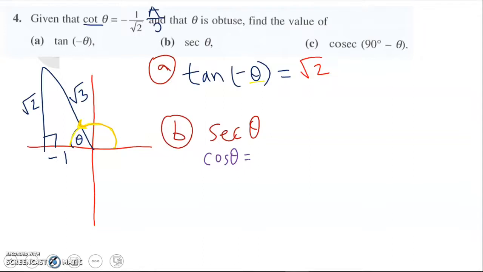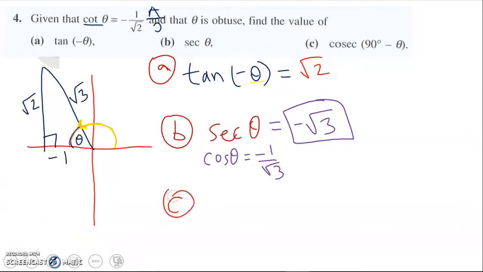Cosine theta, according to this diagram, is adjacent over hypotenuse. That would mean negative 1 over square root of 3. So finding secant is pretty easy, right? You just take the opposite of that. So secant is just negative square root of 3.